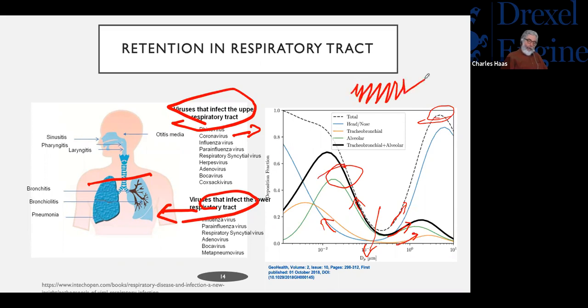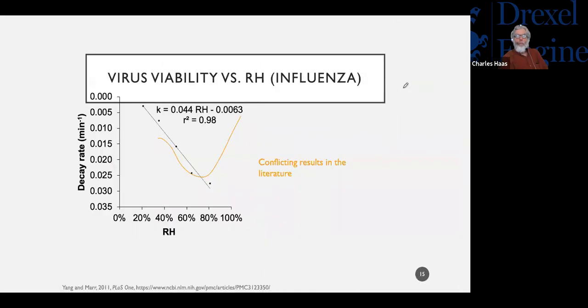Brownian motion is when we have a small particle, but by the action of molecular forces and collisions with air molecules, in this case in the airway, the effective diameter becomes larger. So in essence, these small particles present a greater effective area for contact than their physical size alone would dictate.